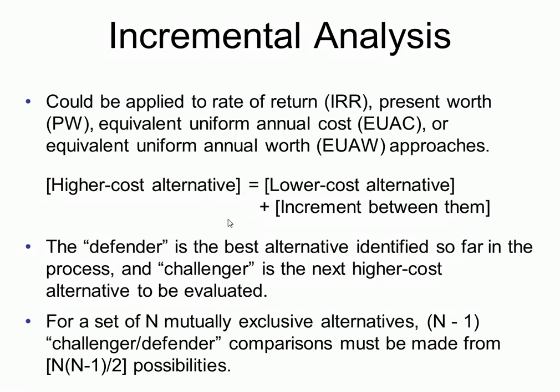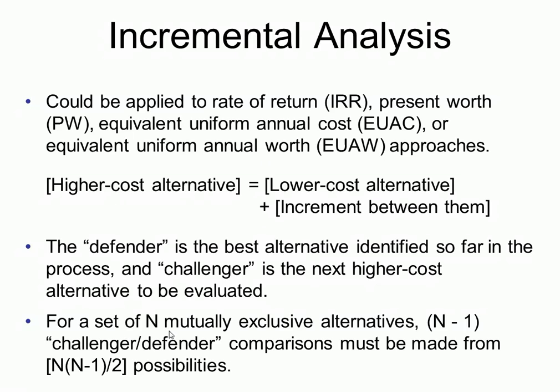So when we apply incremental analysis, as I mentioned before, it could be applied in different contexts: in the context of IRR, PW, which is present worth, or annual cost, or annual worth.